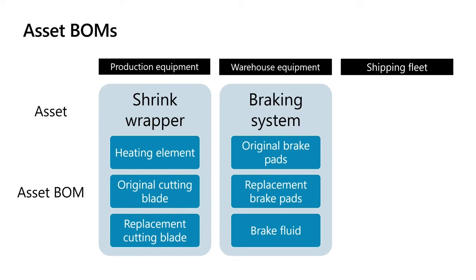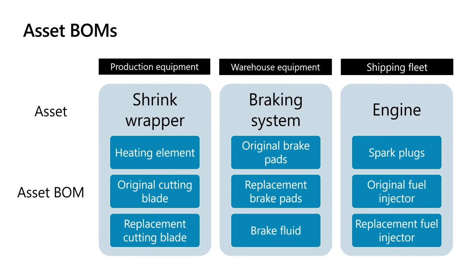In the same way, for our forklift in the braking system, we have the original brake pads as well as replacement brake pads, and we could even have multiple replacement brake pads over the years. And then again, some brake fluid on the asset BOM. And then on the truck engine, for our shipping fleet scenario, we may have spark plugs, the original fuel injector, and the replacement fuel injector that we installed through maintenance activities.